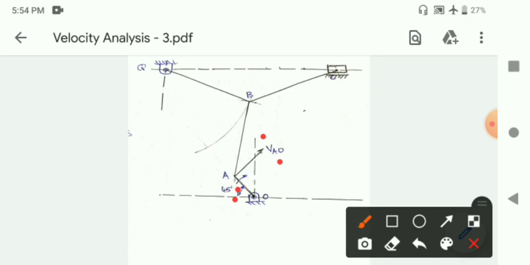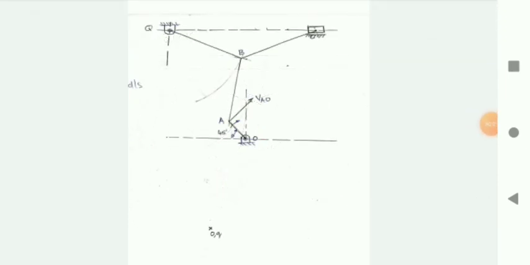Now since we have found the magnitude and direction of velocity of A relative to O, we have to locate it in the velocity diagram. To start drawing the velocity diagram, first we need to locate the fixed point in the mechanism.